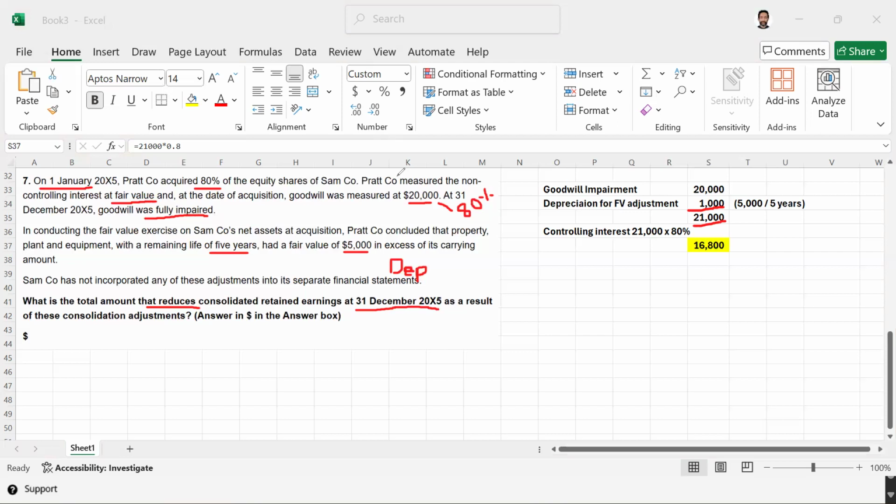The 80% is charged to the retained earnings, and the 20% is charged to the NCI. Exactly. Obviously, then all of the goodwill would be charged to the retained earnings. I think we'll be looking at a question where this is the situation.